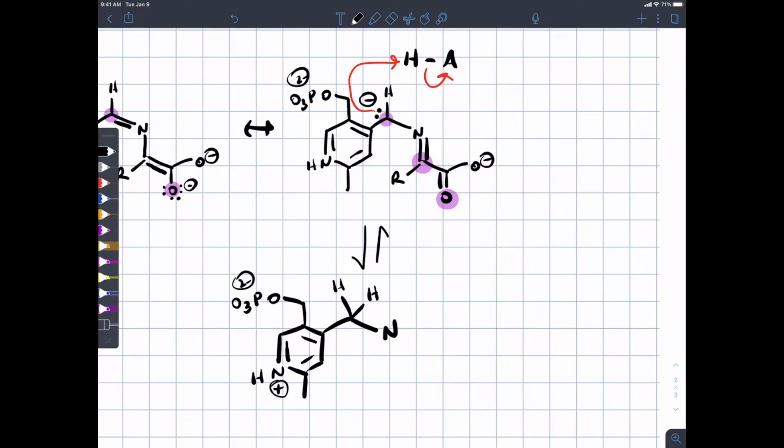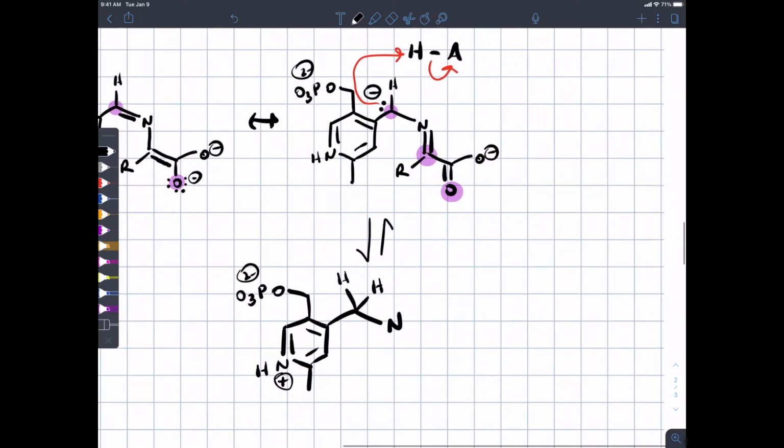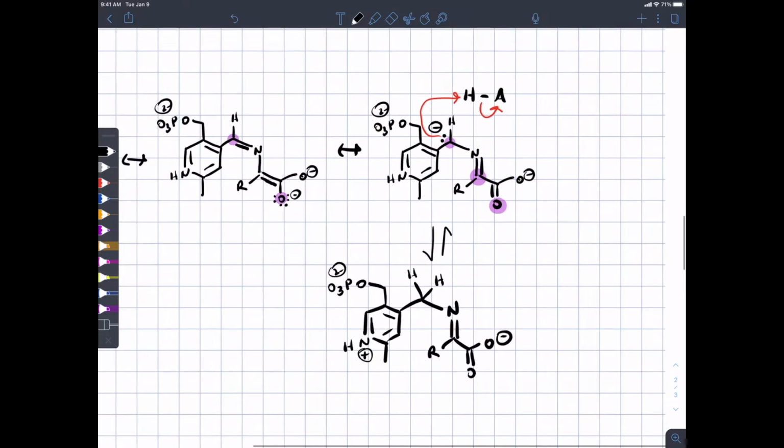Now, what used to be the carbonyl carbon of the PLP reagent is sp3 hybridized. It has 2 carbon hydrogen bonds and a single bond to nitrogen. In contrast, what used to be sp3 hybridized here has 2 bonds to nitrogen.